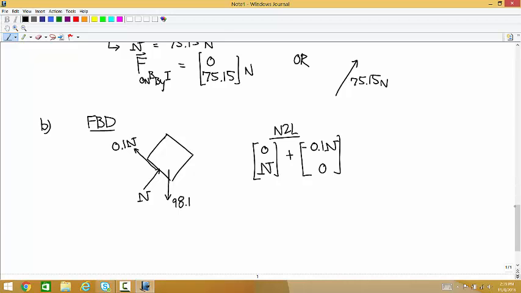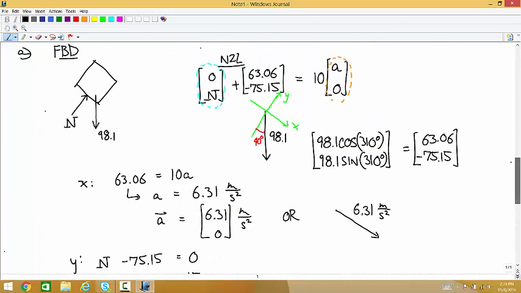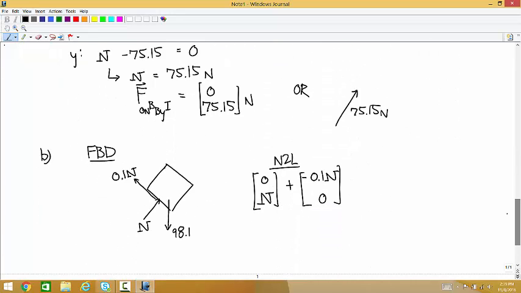And then we have the weight force that's just like it was in part A. So I'm just going to take these values: 63.06, negative 75.15. And those forces add up to be equal to 10 times a_x, a_y.